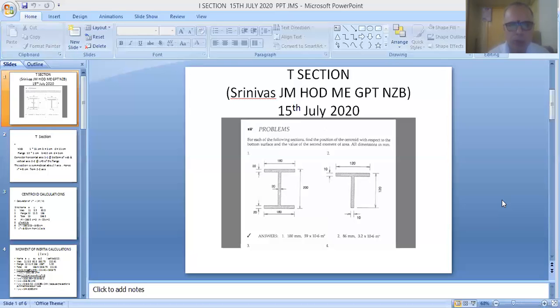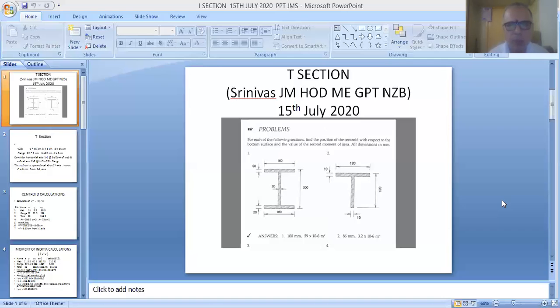As in the T section, the vertical component of the I section is referred to as the web of the section, and the horizontal components are called flanges.